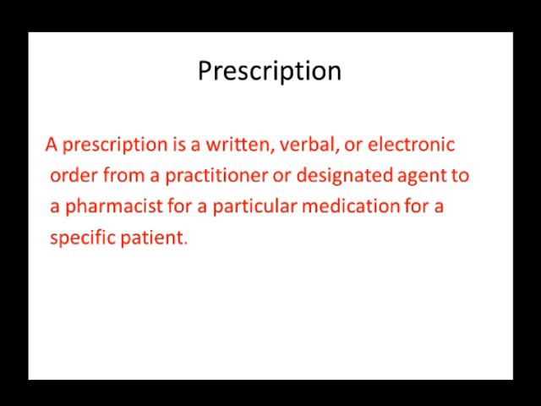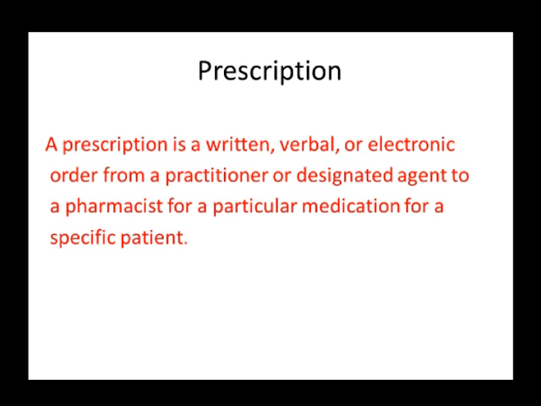You have so many software systems which you might have come across when you visit hospitals, and what you see is that the doctor usually places the order of the drugs he intends to give to his patients just by clicking onto that software and filling up the required column. So it's a kind of an order given by a doctor or a dentist to the pharmacist, and this order can be in written, verbal, or electronic format.